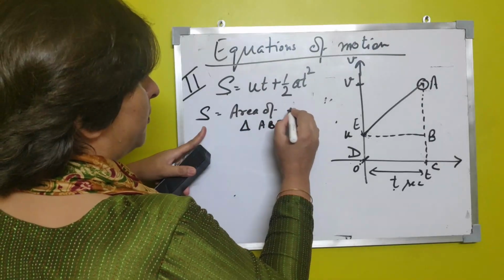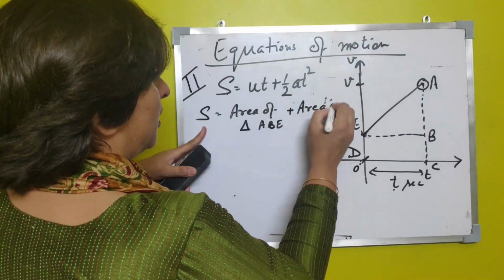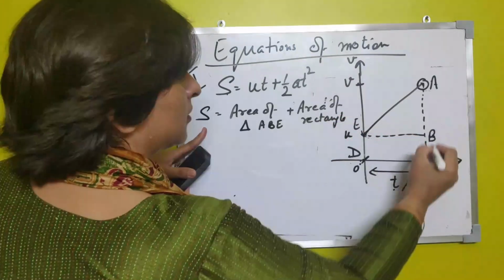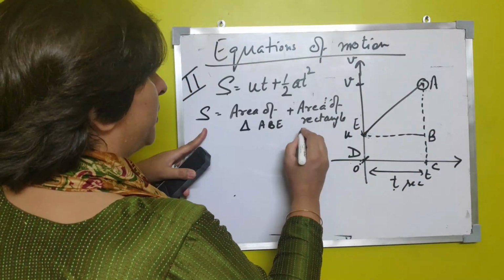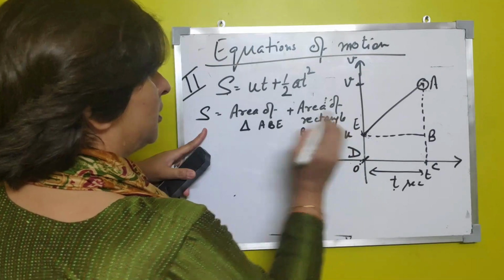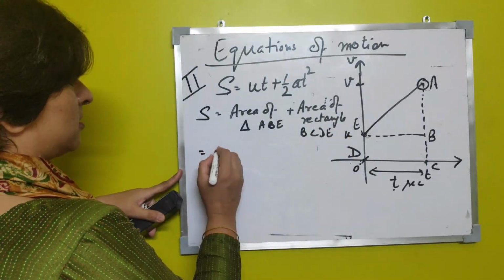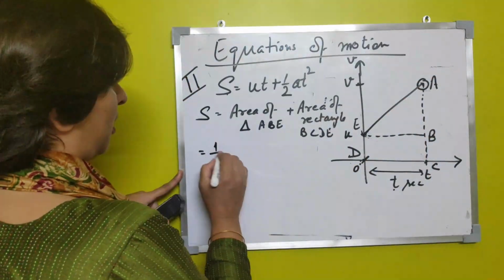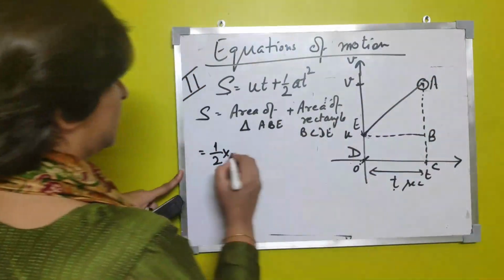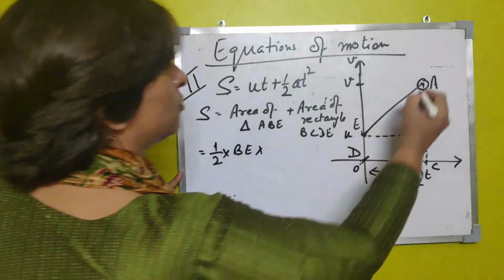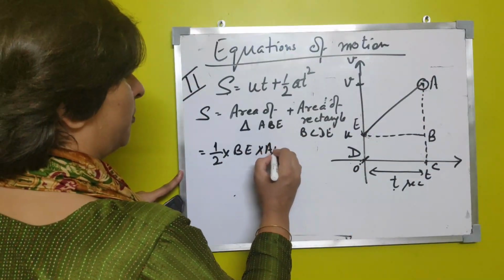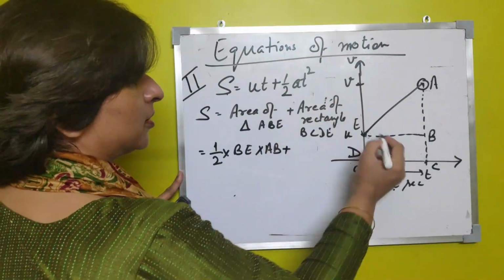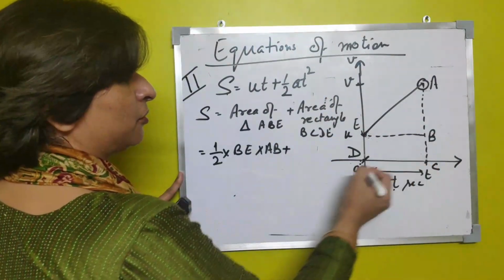So we can say area under Vt graph, that is the distance, is equal to area of triangle ABE plus area of rectangle BCDE, or we can say this is area of triangle ABE, half of base BE into the height AB, plus area of rectangle BCDE, length into breadth.